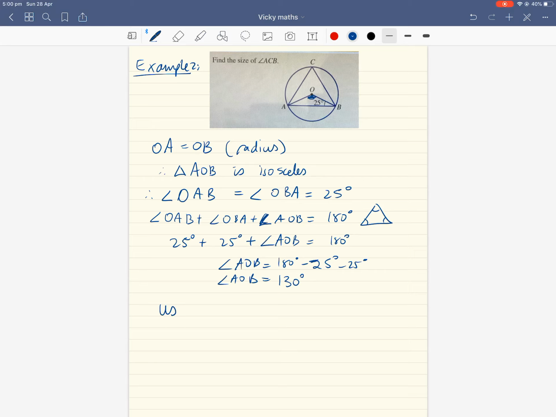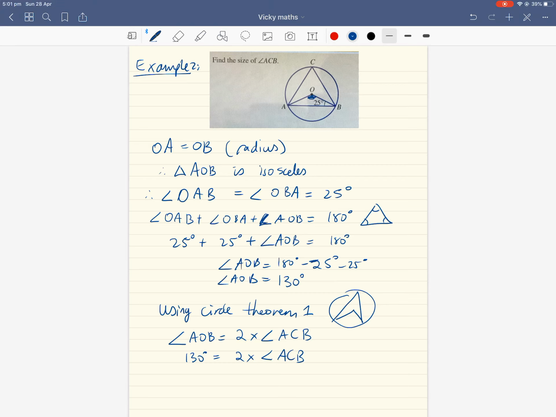So then we can say that using circle theorem 1, or you can draw the symbol, well, what do we know? We know that the base part, angle AOB, is twice the pointy tip angle, which is angle ACB. In other words, 130 degrees is twice the angle we need to find. So therefore, angle ACB is half of 130. In other words, angle ACB must be 65 degrees.